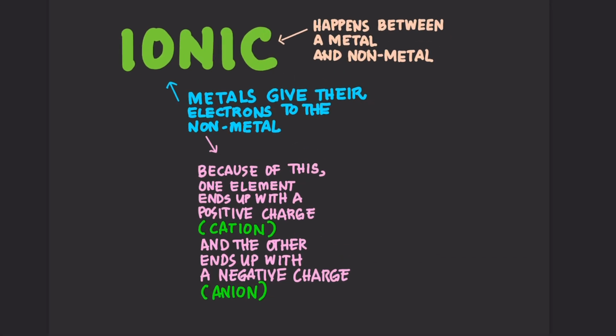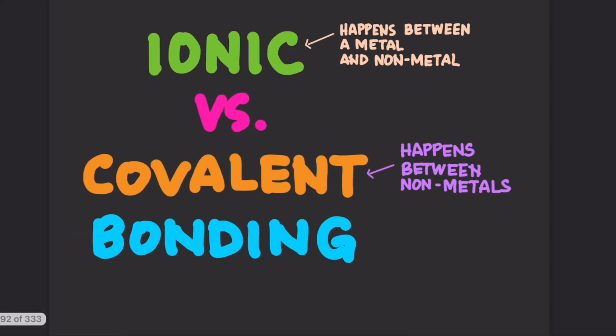Okay, so covalent on the other hand is sharing of electrons. Okay, so for example, in hydrochloric acid, HCl, hydrogen has one electron, chlorine has 7.